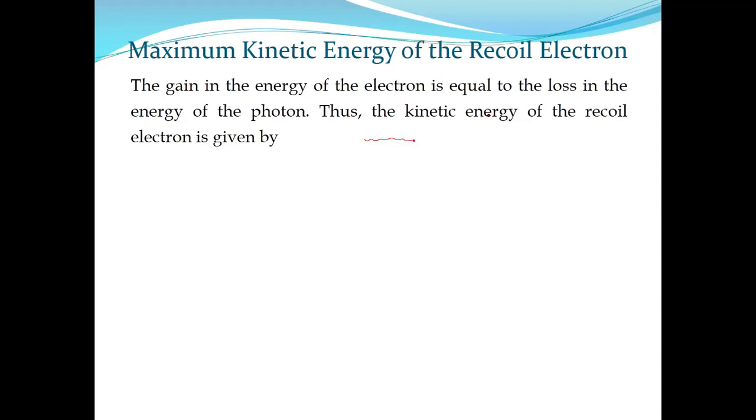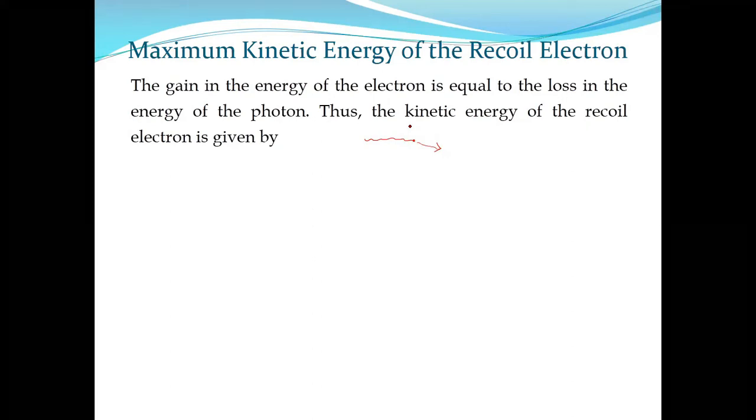After the scattering, after the Compton effect, the electron goes in a particular direction. That means it has some velocity. If it has some velocity, it must possess some kinetic energy. Now the question is, what is that kinetic energy and what is the maximum kinetic energy that it can be?